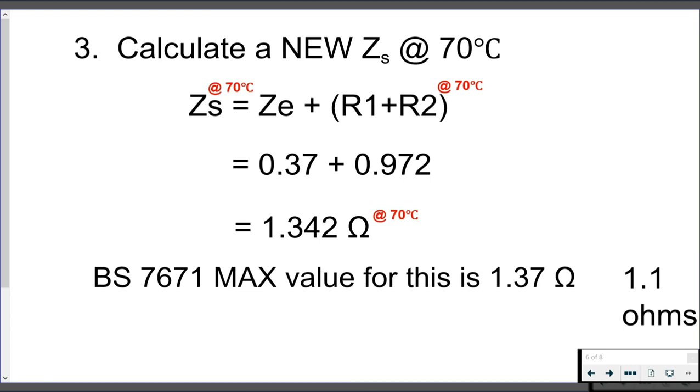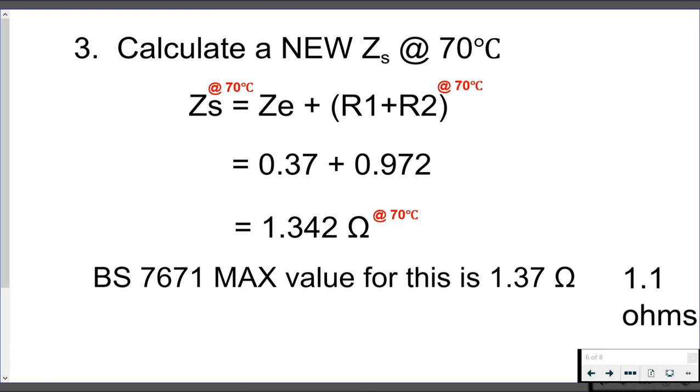That coefficient is 0.004 ohms per ohm per degree C at 20 degrees C. As we increase from 20 degrees C, we apply this factor to whichever resistance value we're dealing with. So if we were measuring at 10 degrees higher, I would use a factor of 0.04 as my correction factor, because we've had an increase of 10 degrees C.